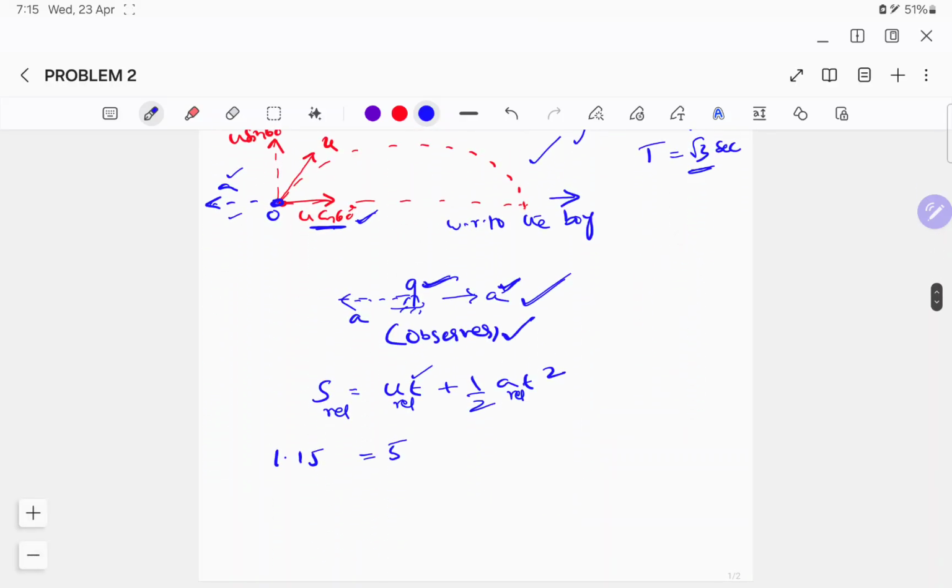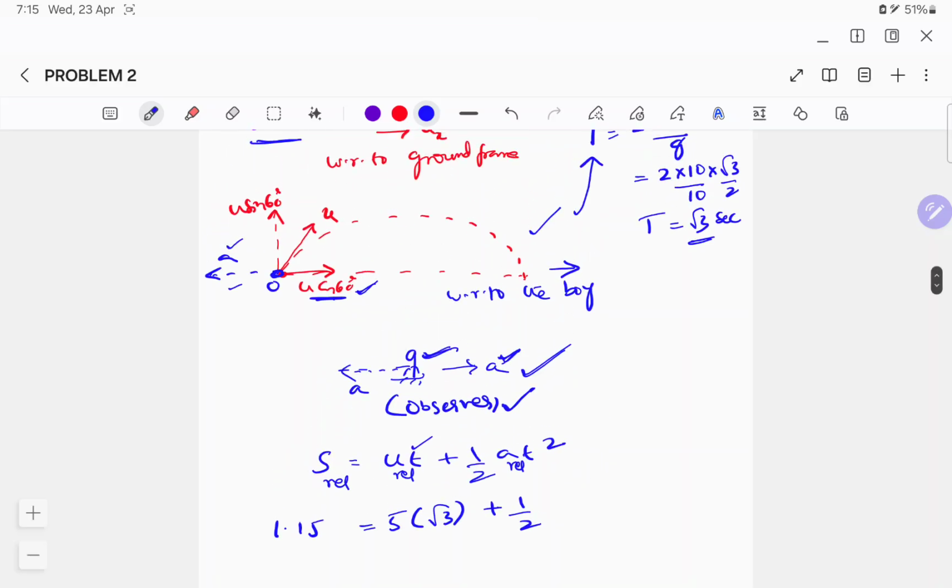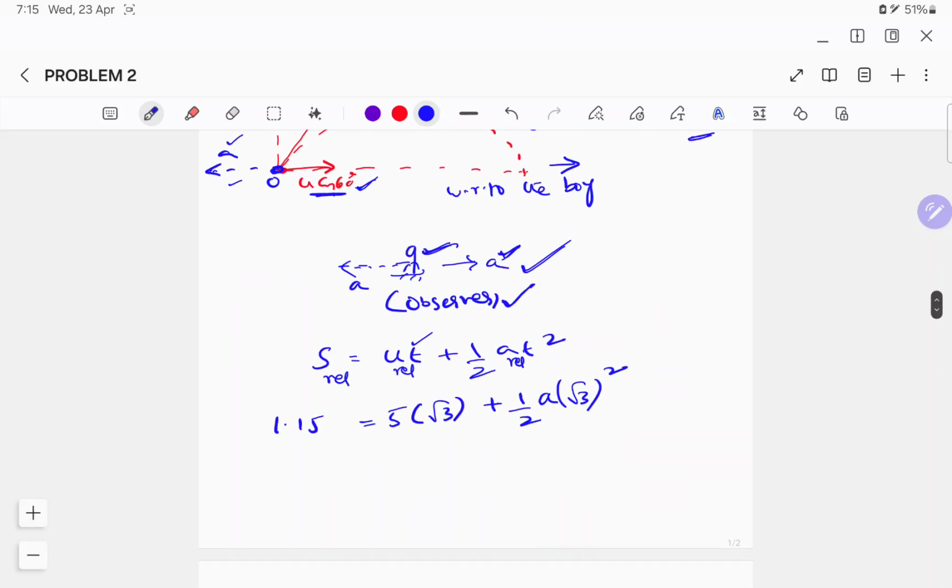Okay, so in this place I can write capital T, which is root 3, plus half. The relative acceleration is simply the acceleration of the train A into root 3 whole square. And the value of 5 into root 3, which we already calculated in the earlier video, is 8.65, and I can continue the other terms as they are.